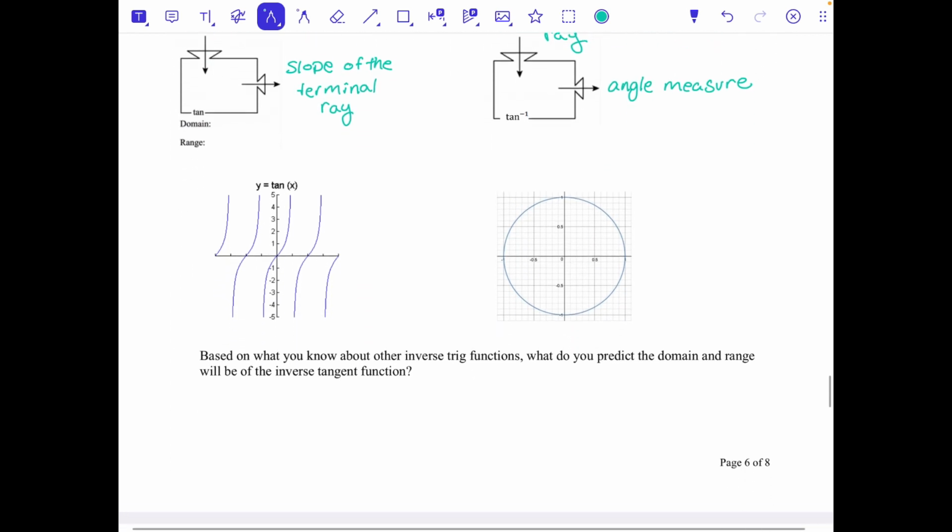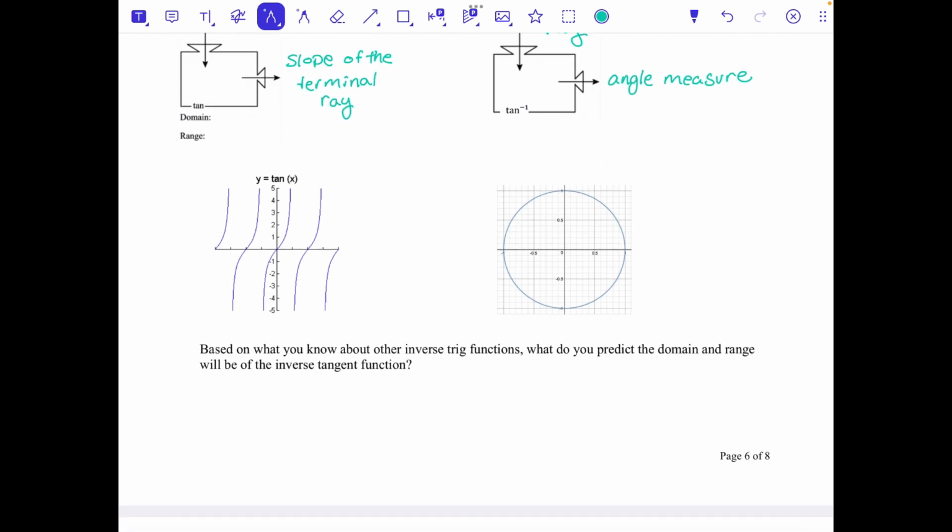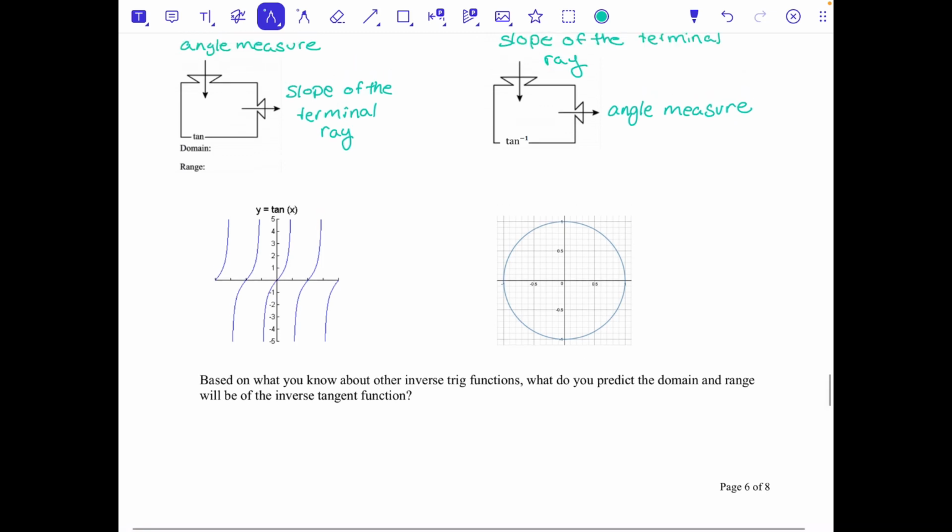So when we think about the domain and range of our inverse tangent function, we're going to have to restrict it just like we did with sine and cosine. So just a quick reminder, the domain of a tangent function basically exists everywhere except at pi over 2, 3 pi over 2, where we have those vertical tangents.